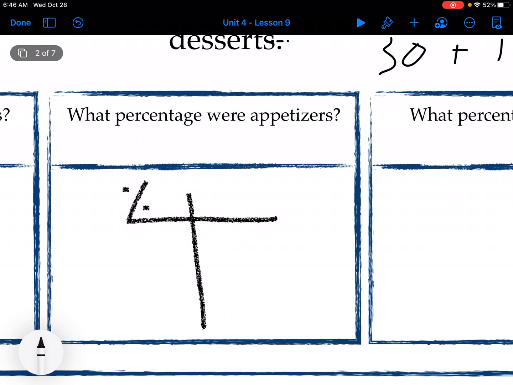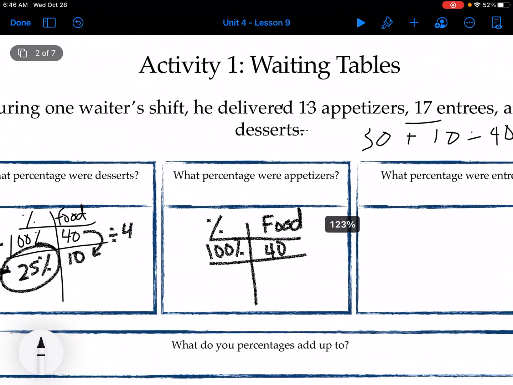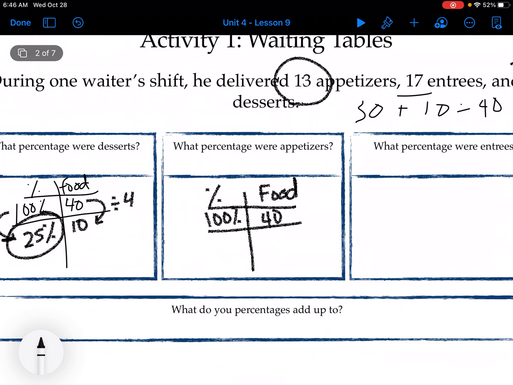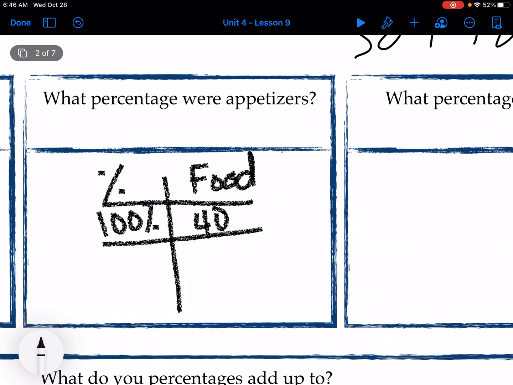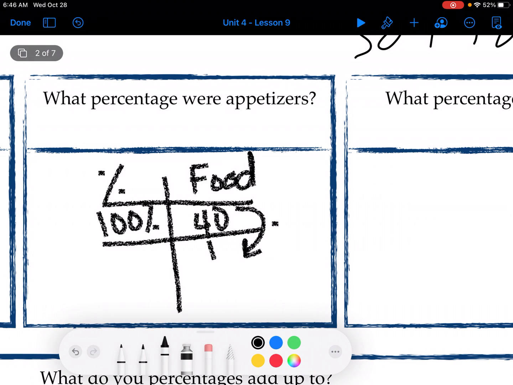What percent were appetizers? So I have my percentage, I have my food. I know that 100% was 40 items. I'm looking for 13. Well, I can't think of what 13 would be, so let's work backwards.